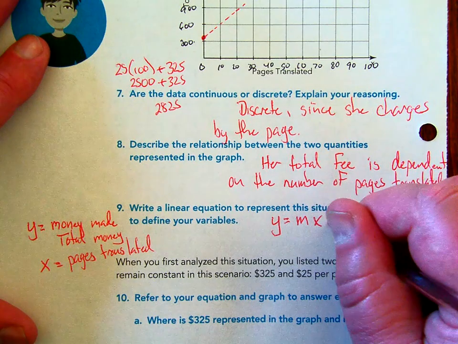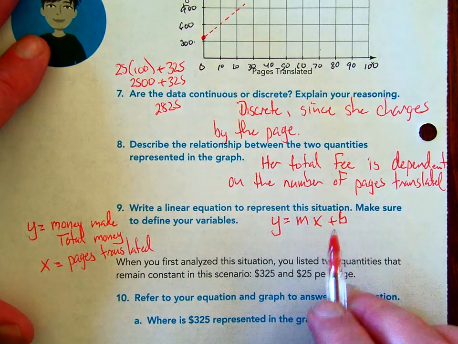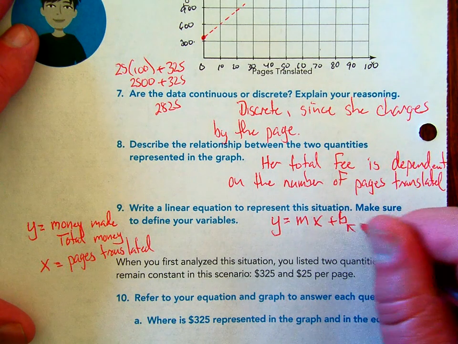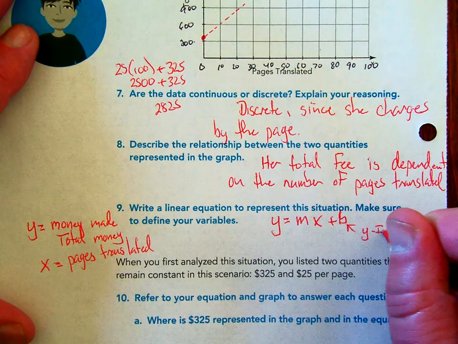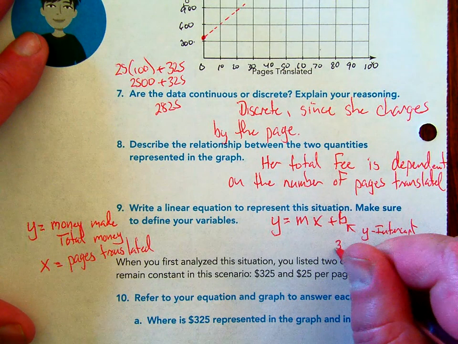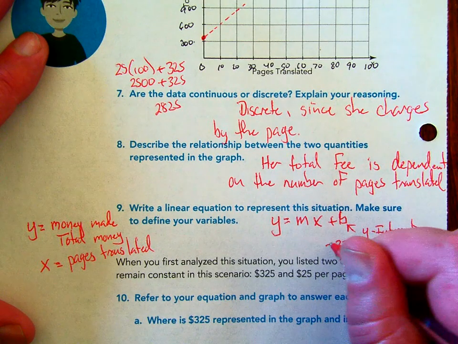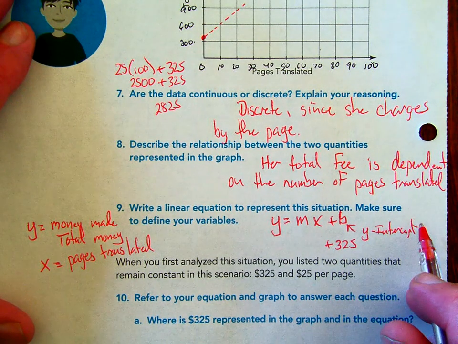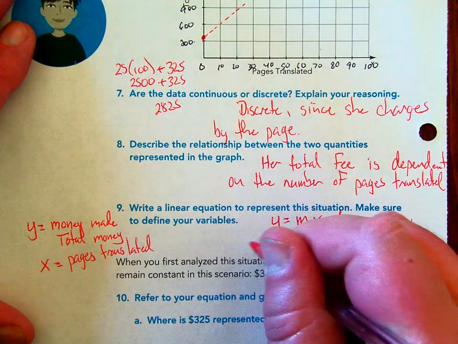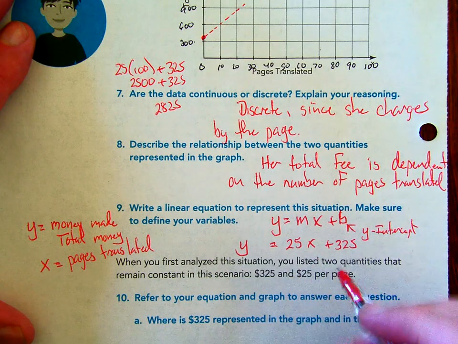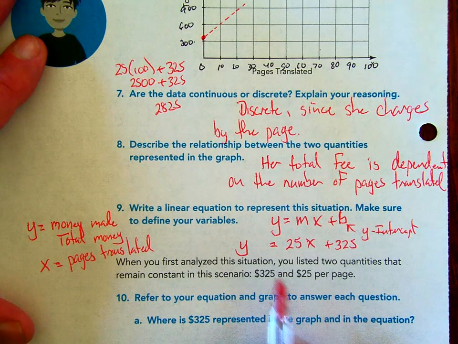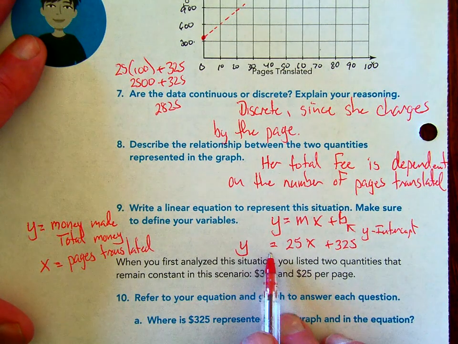When x is 0, what is y? Because this is the y-intercept. That was 325. And how much does she charge per page? $25 per page. And when I add those two together, $25 times the number of pages plus $325, I have her total. So y, the total, is $25 per page plus $325 for taking the job.